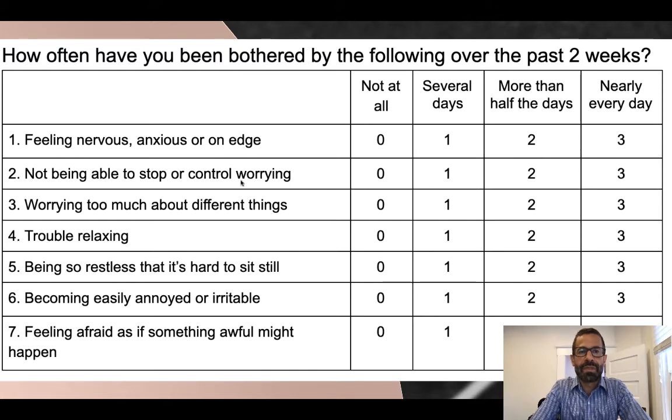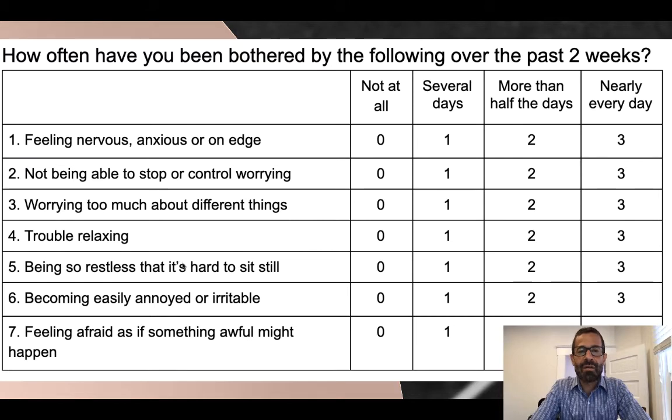Number 2, how often have you been bothered by not being able to stop or control worrying over the past 2 weeks? Number 3, how often have you been bothered by worrying too much about different things in the past 2 weeks? Number 4, how often have you been bothered by trouble relaxing over the past 2 weeks?